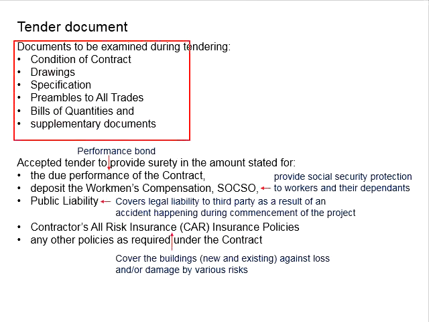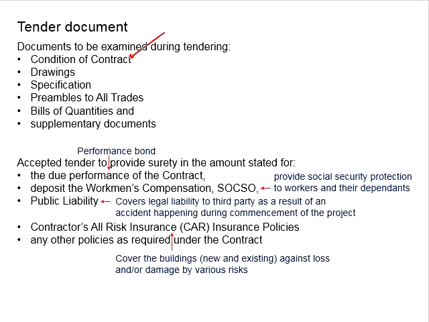These are the documents that need to be carefully examined during tendering, which include the conditions of contract. The tenderer needs to know which standard form of contract is being utilized, as there could be slight differences among different standard forms of contract.